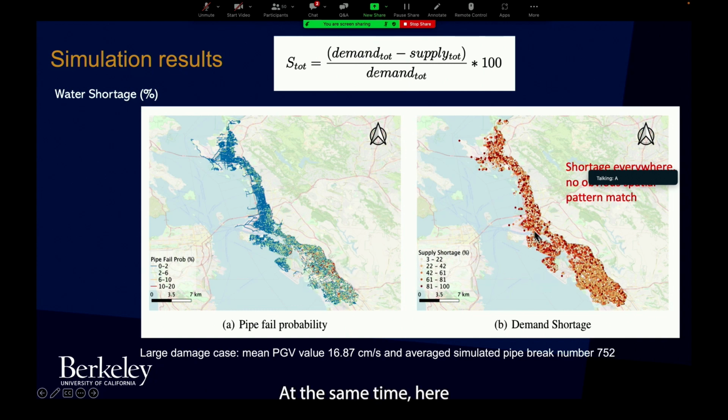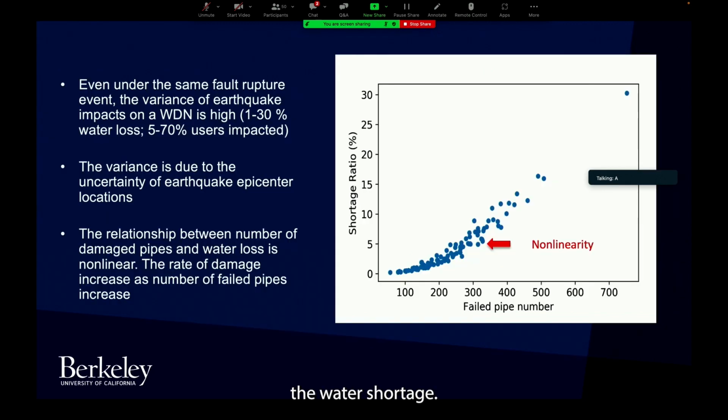At the same time, here is the water shortage, and in this particular case, because a lot of pipelines are broken, there's a widely distributed water shortage. The important thing is that once you do a different earthquake motion, there are different locations, and the population and the ground motion are all different. That creates different probabilities or failure events of the pipeline, and it's diverse.